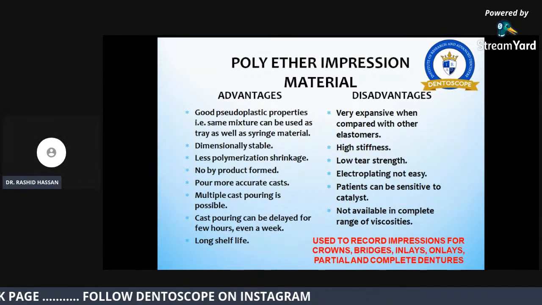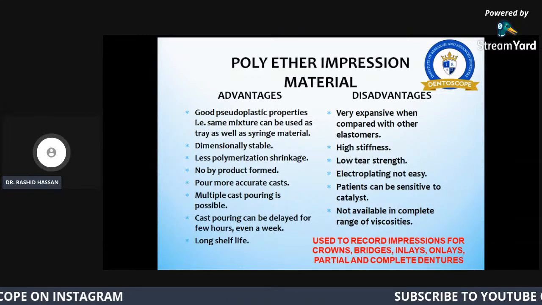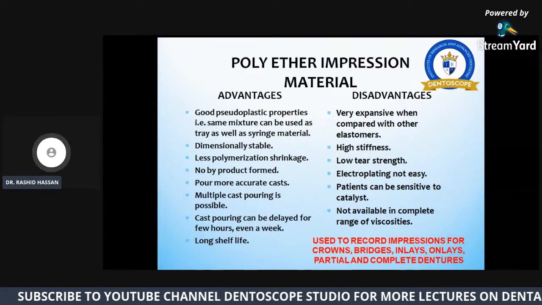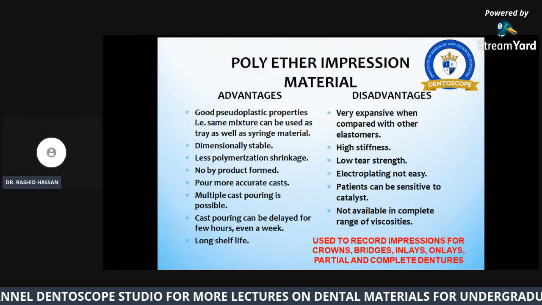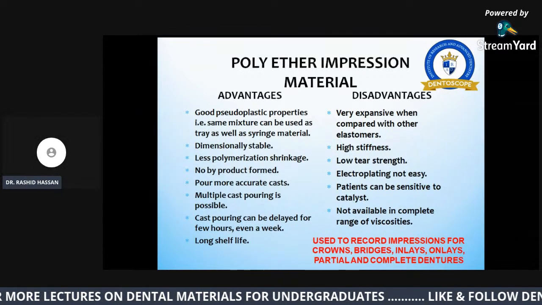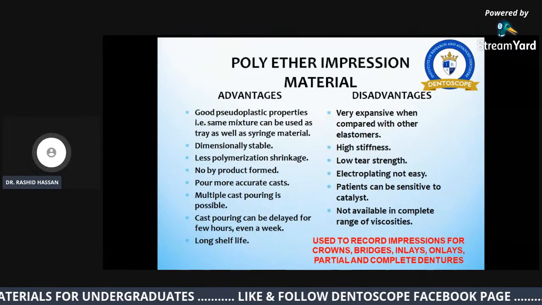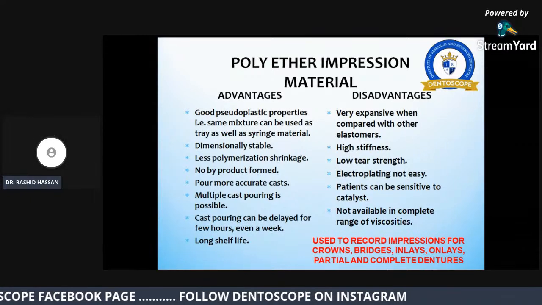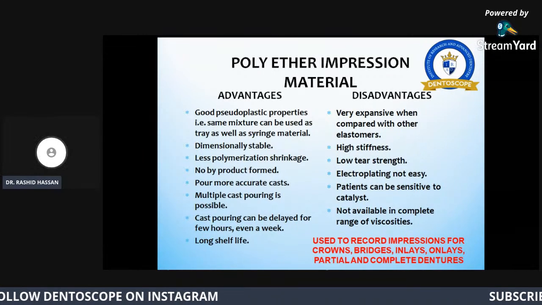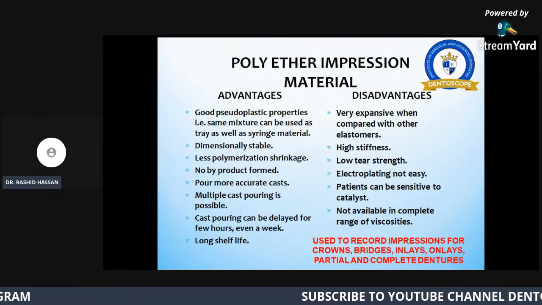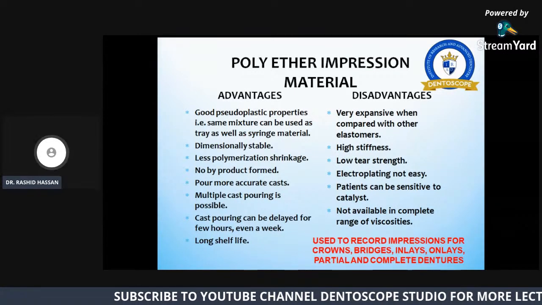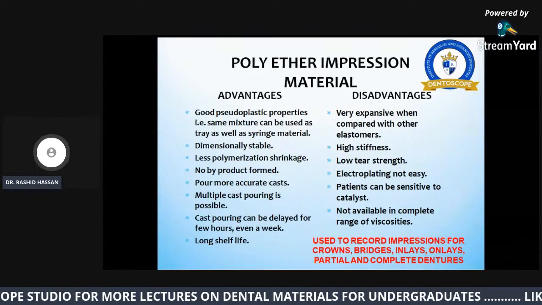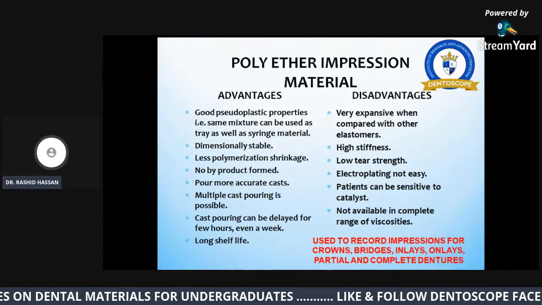Well, be very clear. There are four elastomeric impression materials: polysulfides, condensation silicon, addition silicon, polyether, right? Polysulfide and condensation silicon, the first two, polymerize by condensation polymerization reaction. That's why their dimensional stability was not good, there was a lot of polymerization shrinkage, and there was a release of byproduct due to the condensation polymerization reaction.